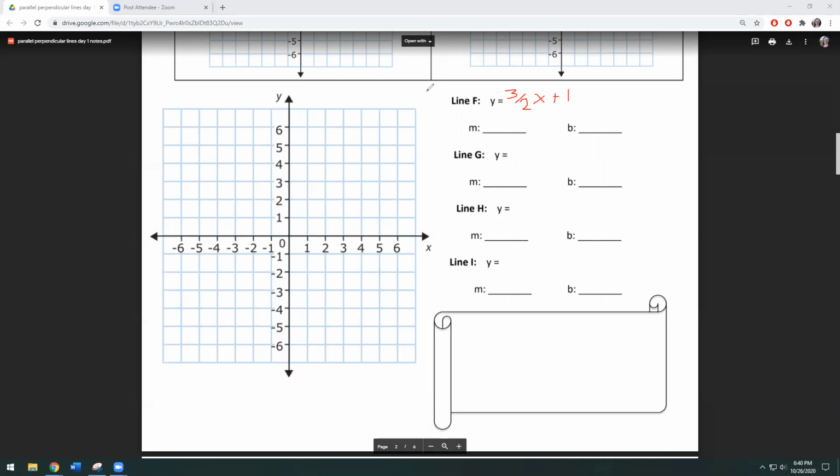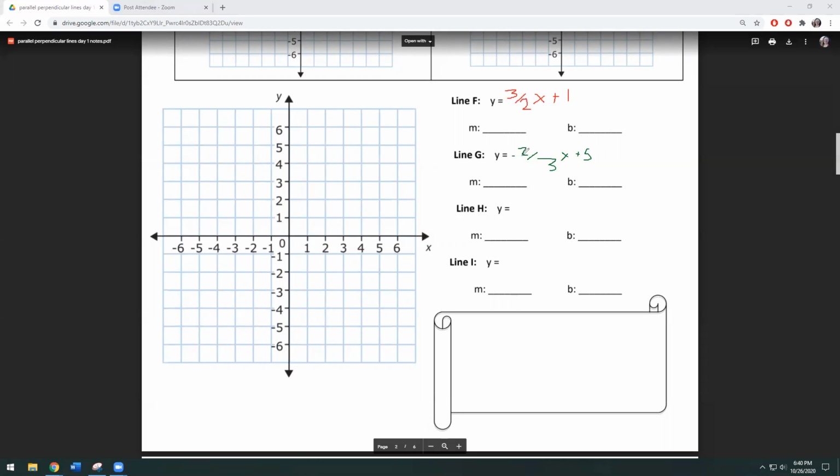And we'll say that line G, I'm going to switch colors. Line G is y equals -2/3, that was a rough 3, sorry, x plus 5.